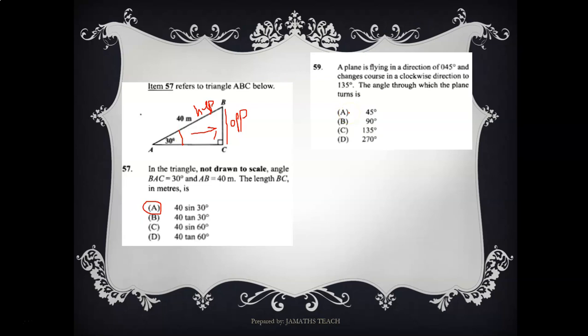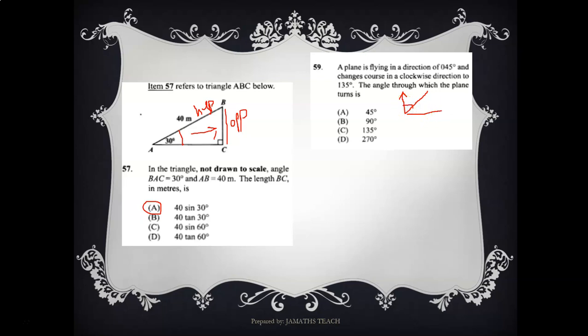59. A plane is flying in a direction of 045 degrees. So we know that's bearing. And you have to start at the north line. 045 degrees, that's half of 90. So that would be somewhere in here. That's about half of 90. Right? So that's 045 degrees.